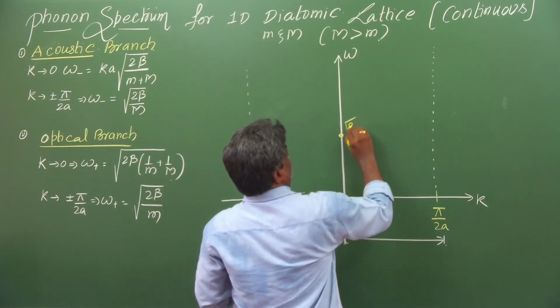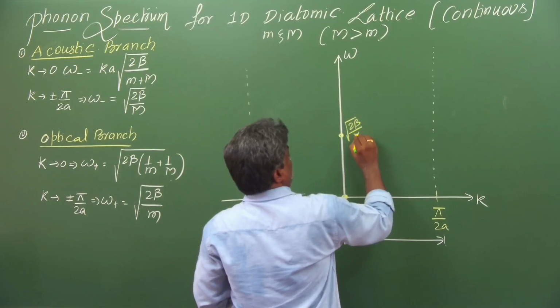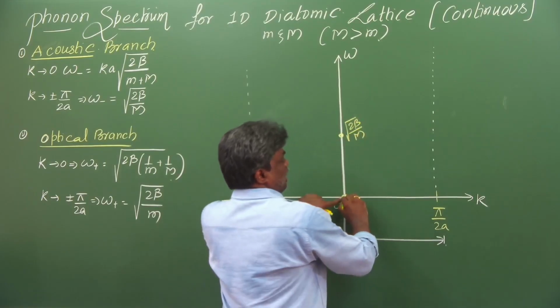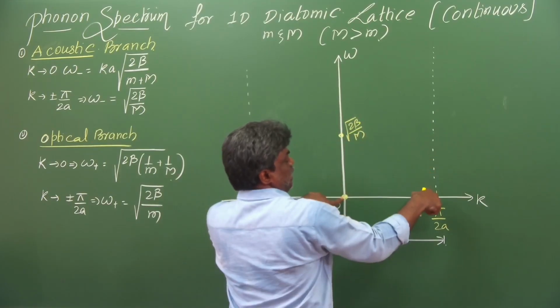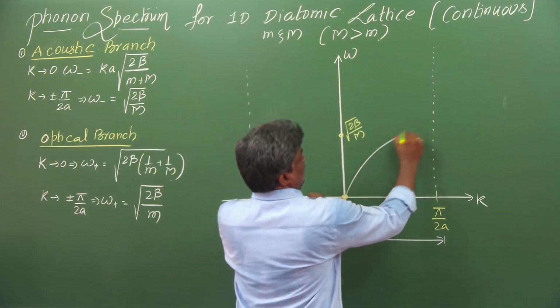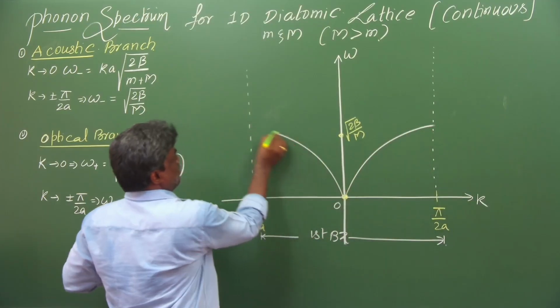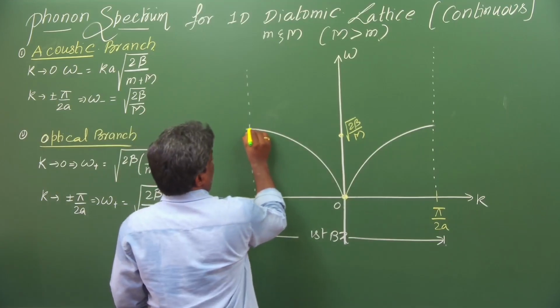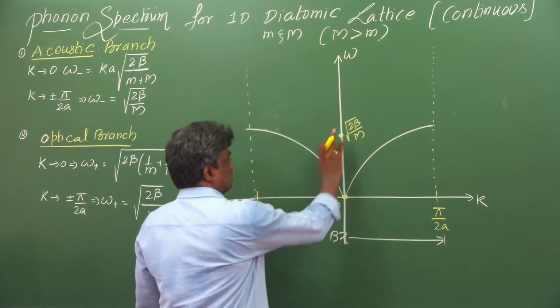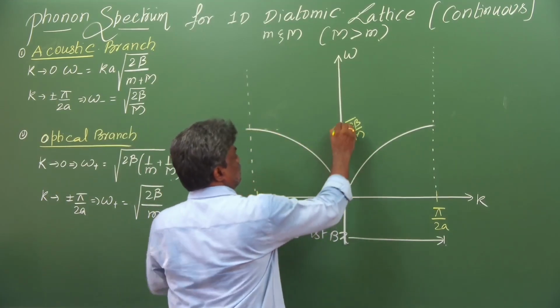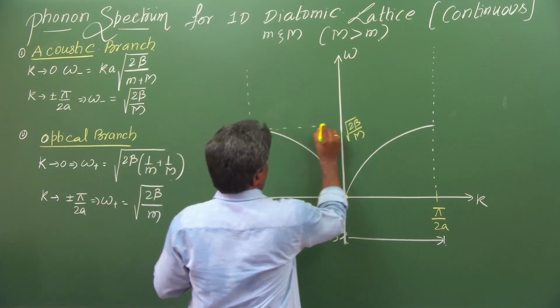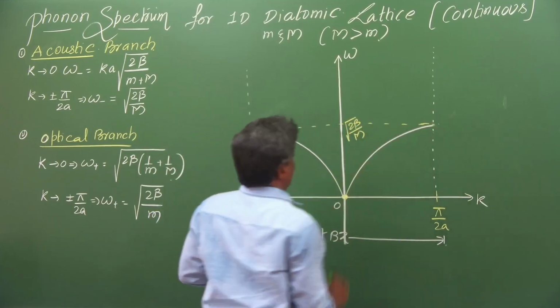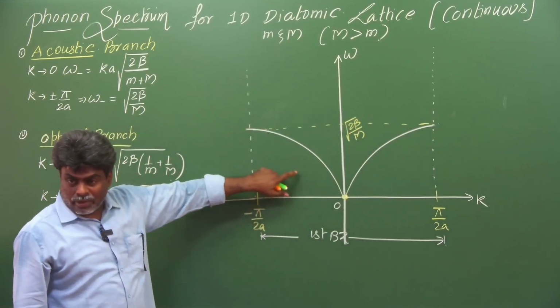So this is under root. So here it is 0, and at this point this is the value. I hope everybody understands. Any trouble? Say yes or no. Right. So this is the acoustic branch.